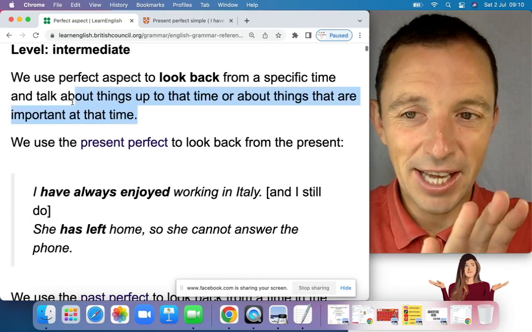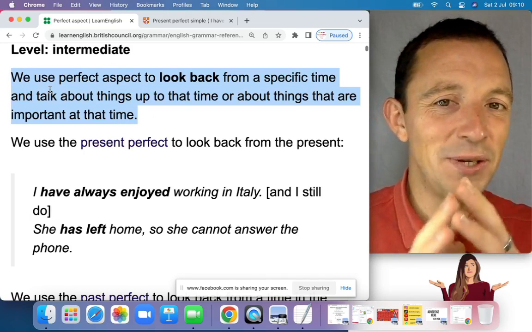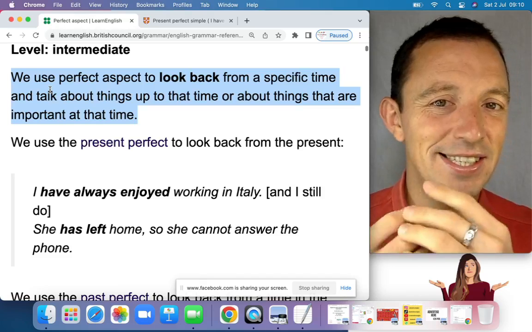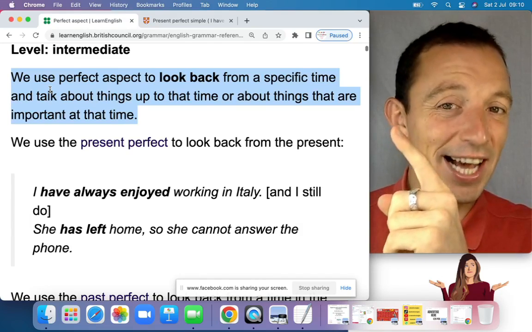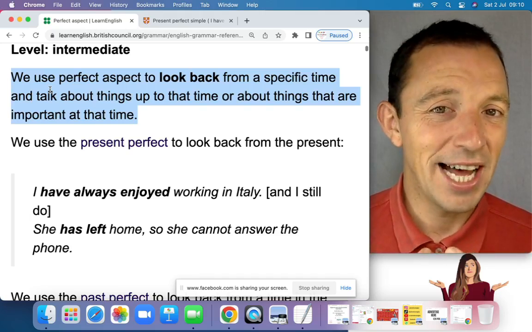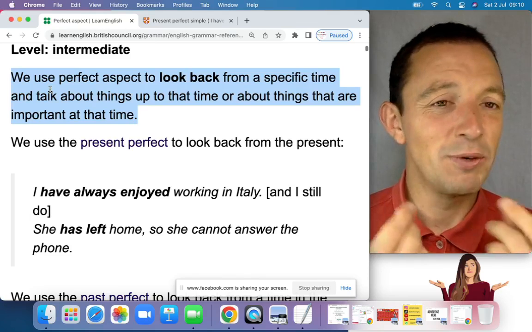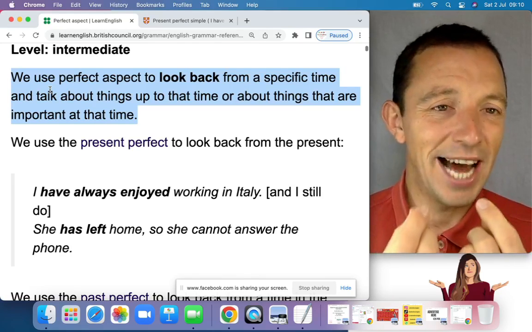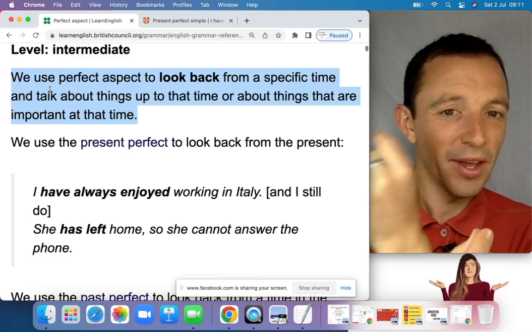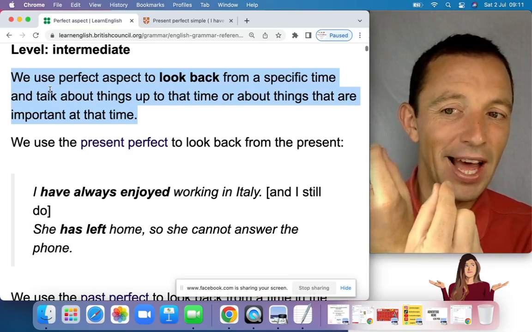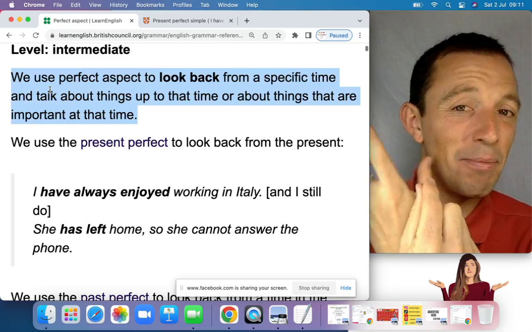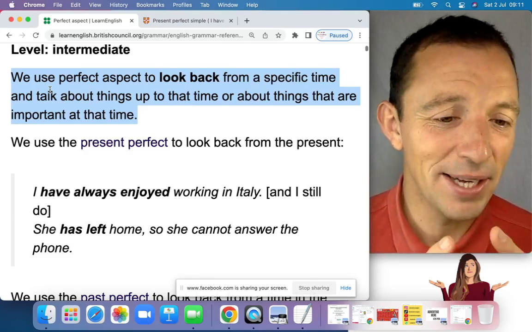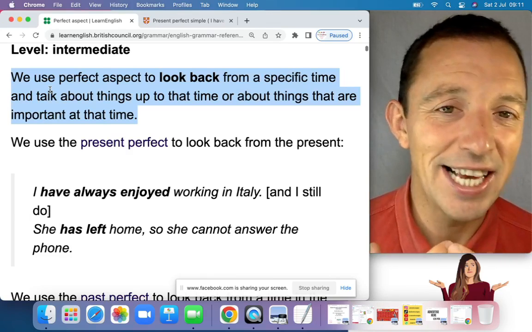So maybe take your time and you need to consider these sentences again. Try to read this again and try to understand the message. So we repeat. We use the perfect aspect to look back from a specific time and talk about things up to that time or about things that are important at that time. So again, that explanation is complicated.